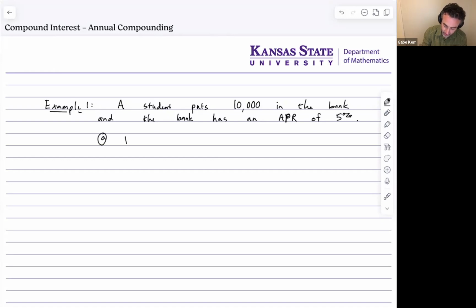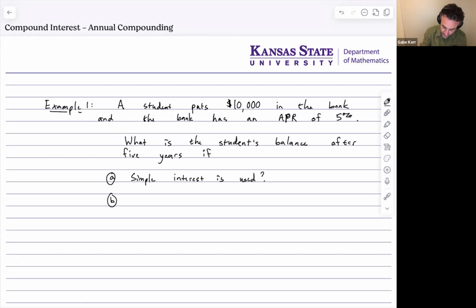So what is the student's balance, in dollars, after 5 years if A, simple interest is used, or B, compound interest is used.